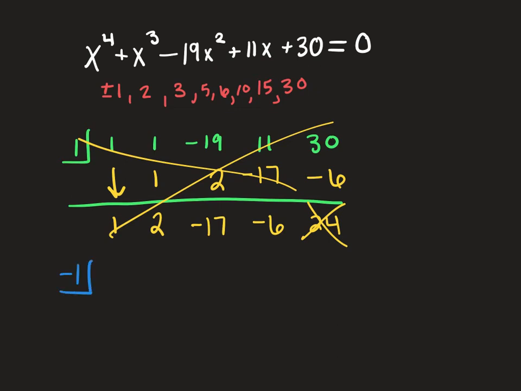Right, so you just have to try stuff. And it works. Typically, somewhere in those first few numbers, you're going to find something that works. So always start with the smaller ones. So again, we have 1, 1, negative 19, 11, 30.